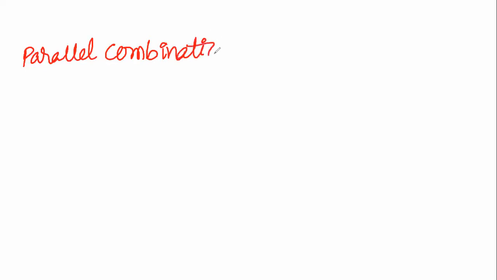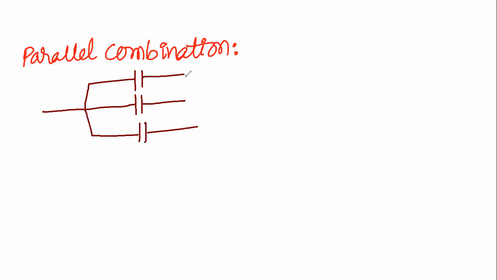Then the parallel combination of the capacitors. When the capacitors are connected in parallel, the effective capacitance is calculated. In series combination, the same charge flows, but in parallel combination, charge will split. In series combination, charge is constant. In parallel combination, potential difference is constant.